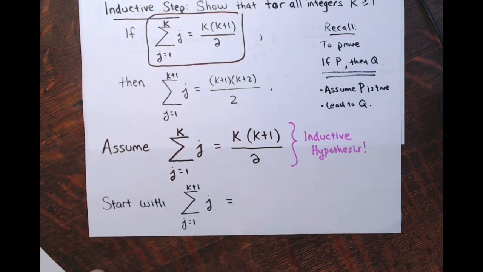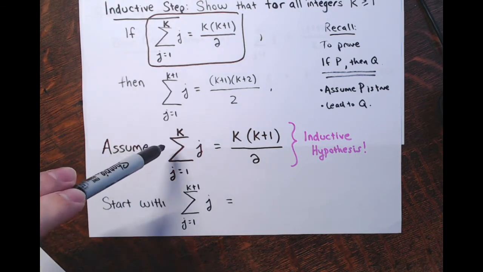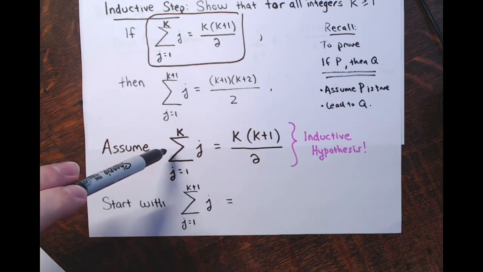Now, if you recall from section 8.3, there was a skill that was shown about removing the final term, pulling out the final term. Because we're going to have to use our inductive hypothesis at some point.